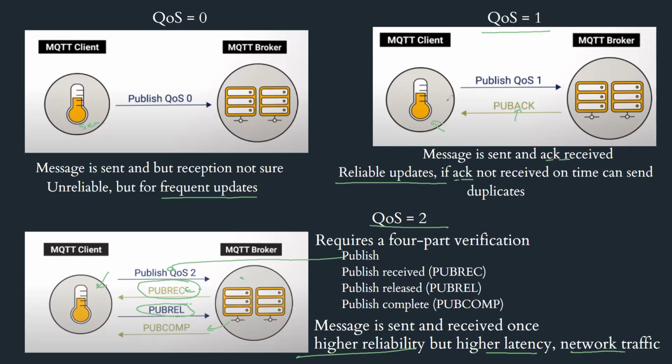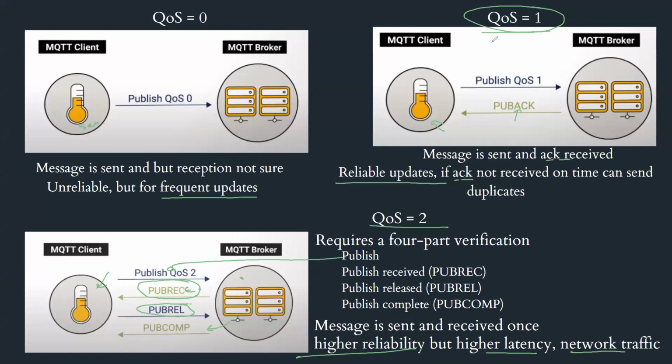It is said that in industry, the standard quality of service is actually QoS 1, because it is sufficient for most applications, right? QoS 1 has reliable communication, and it gives acknowledgement back to the sensor, right? So therefore, we can have some kind of reliability there.